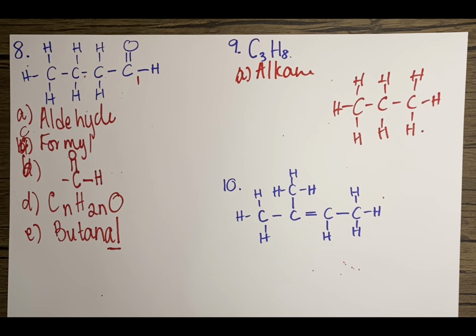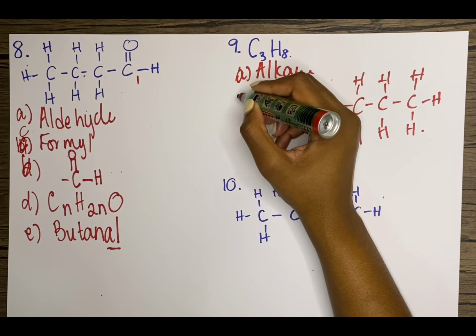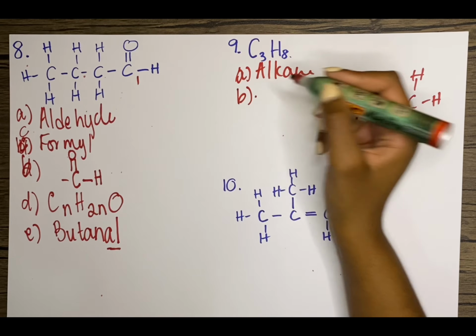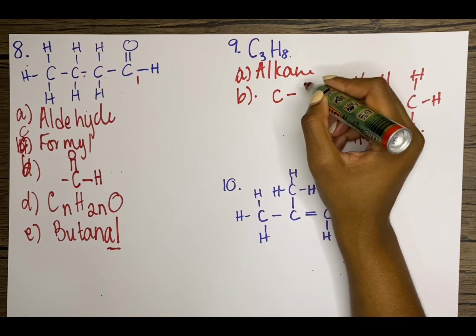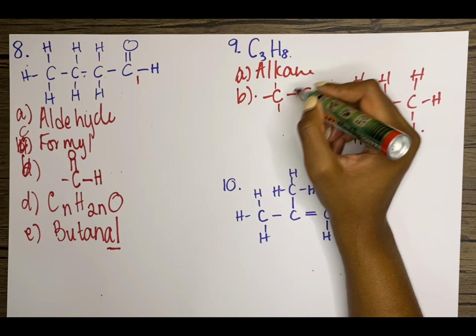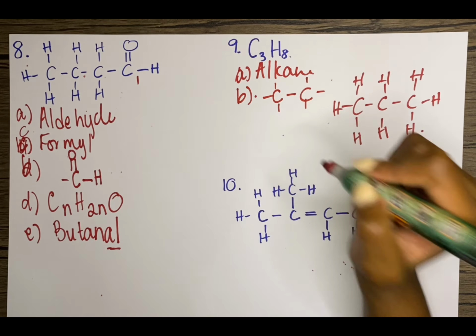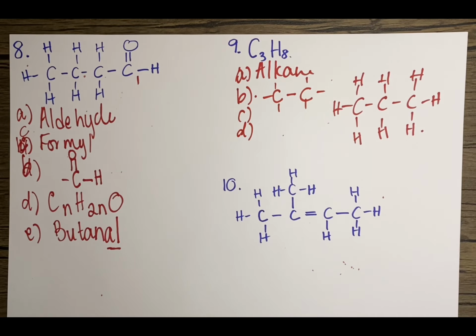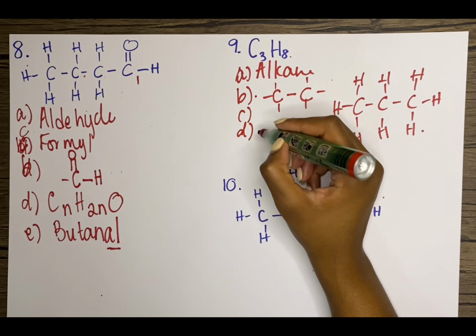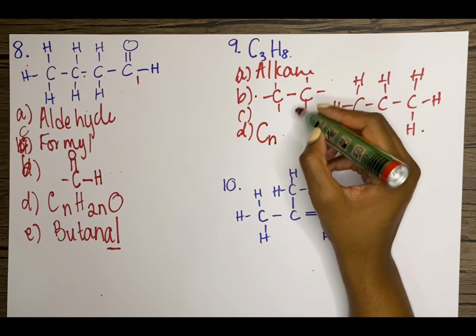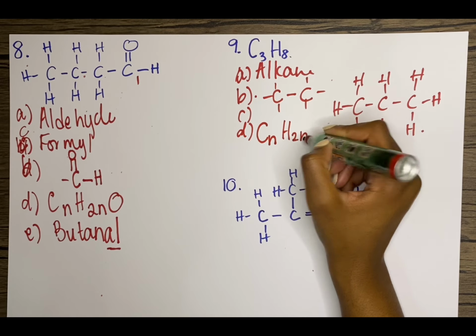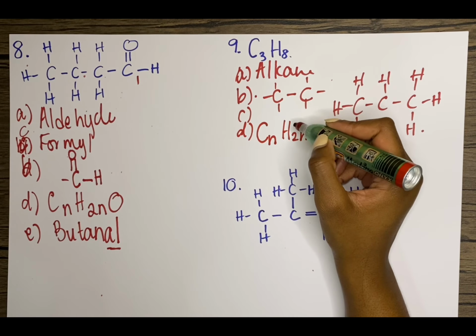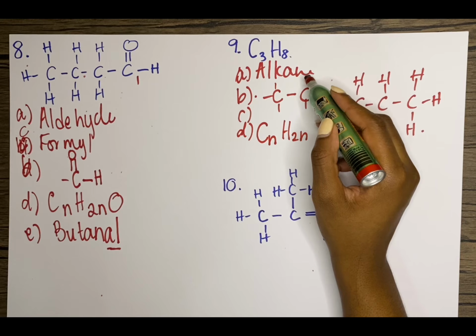And then the functional group would be to just show that there's single bonds only between adjacent carbon atoms. And then the general formula is CnH2n. So you say I have 2 carbons. These were hydrogens.